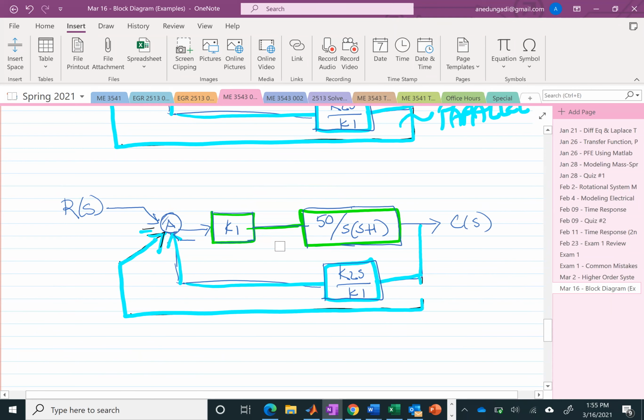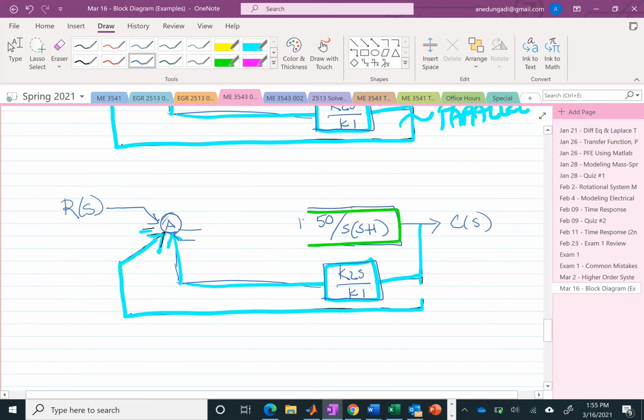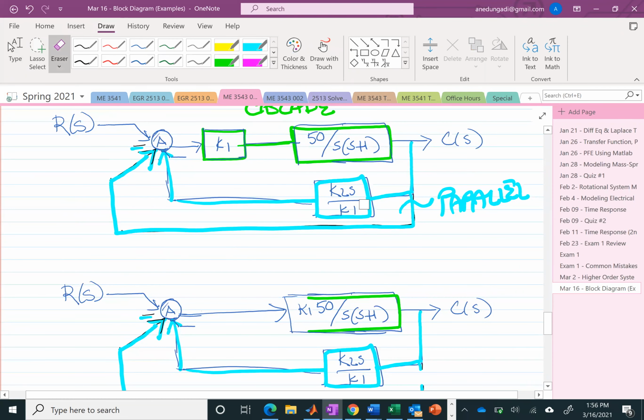So if this is in cascade, then I can write 50 times K1. That goes directly in there. And these two, the light blues, are in parallel.